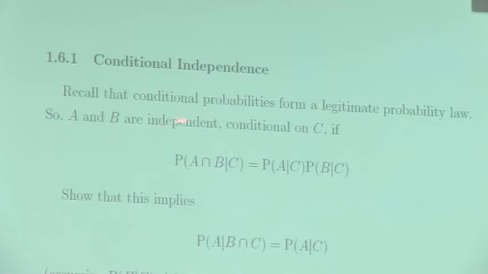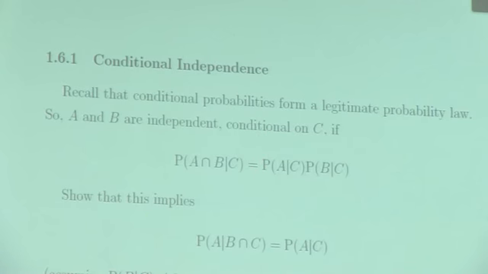A and B are independent, conditional on C, if the probability of A intersection B given C is the probability of A given C times the probability of B given C. To read this, recall that when we condition on C, C is the new universe.